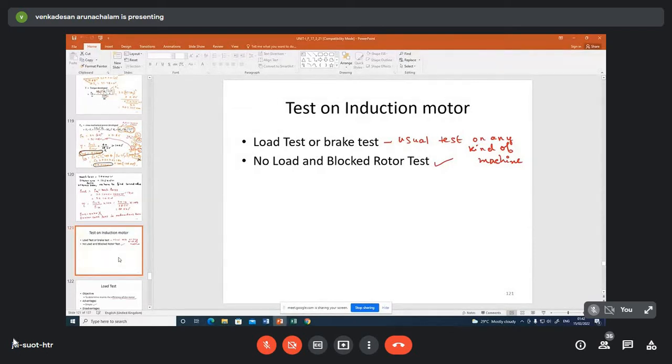The second test is no load test or blocked rotor test. This no load test and blocked rotor test is very much similar to open circuit test and short circuit test in the transformer. So this is equivalent to open circuit test in transformer.